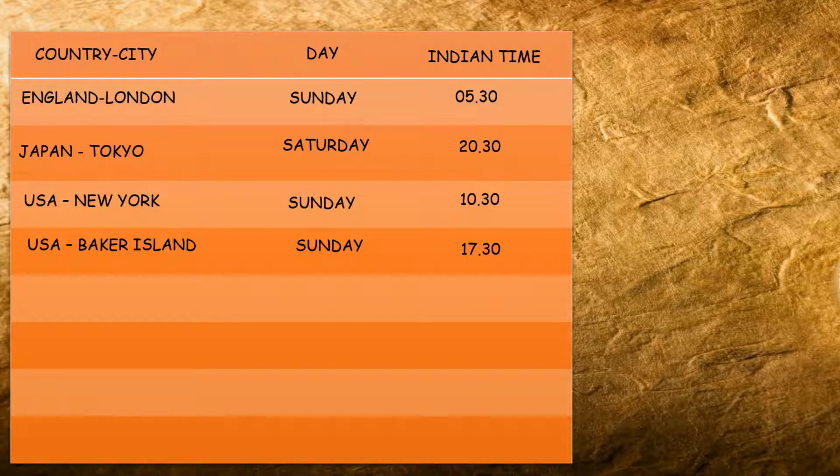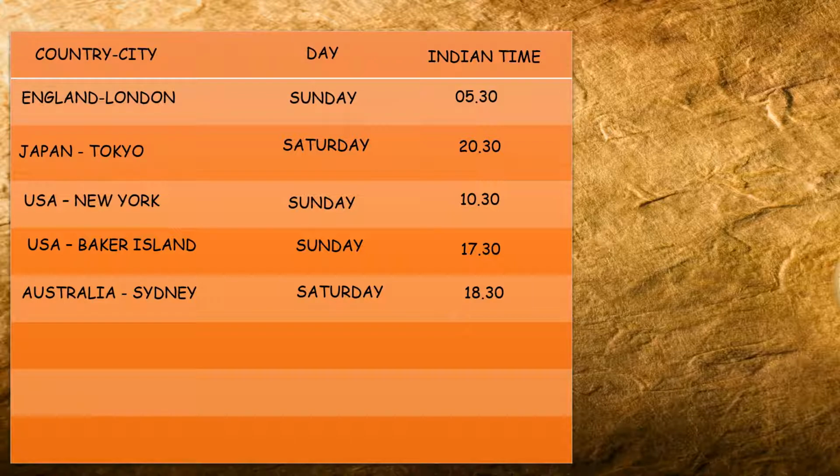When Australia, Sydney was celebrating New Year, that time in India, it was Saturday and timing is given 18:30 hours. It means evening 6:30. So had we already finished the New Year?